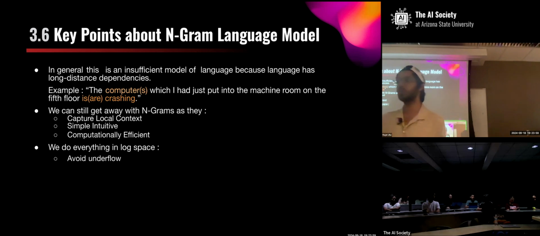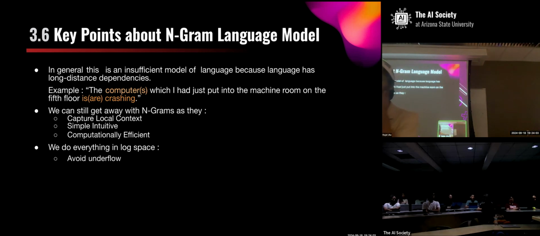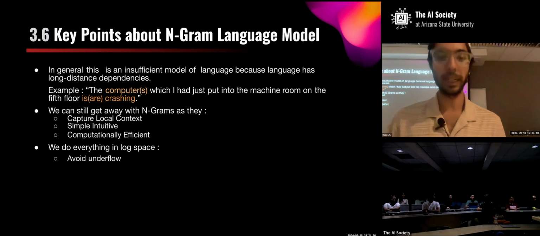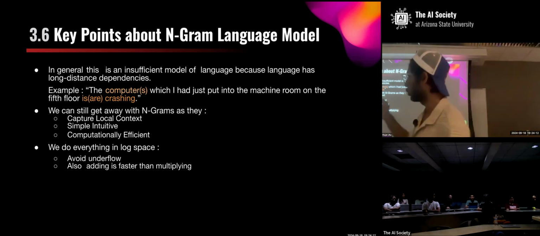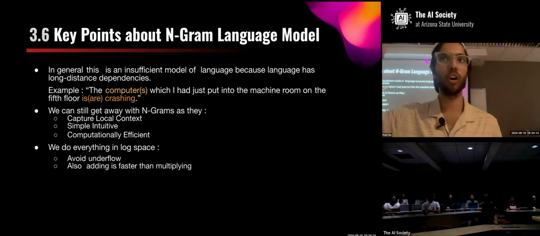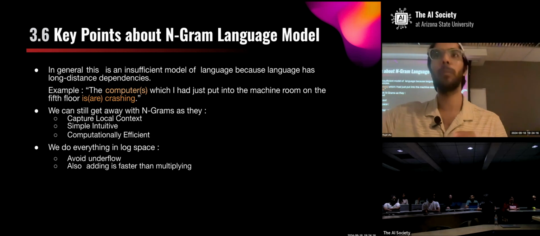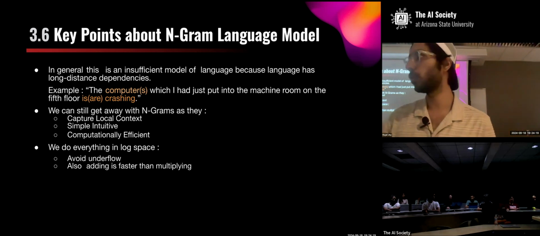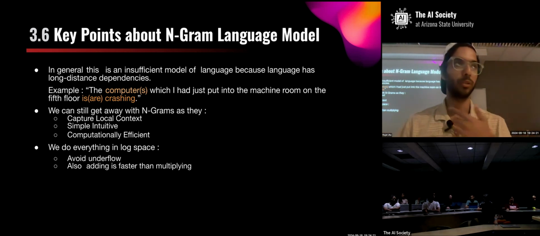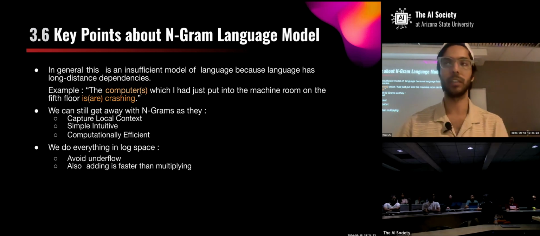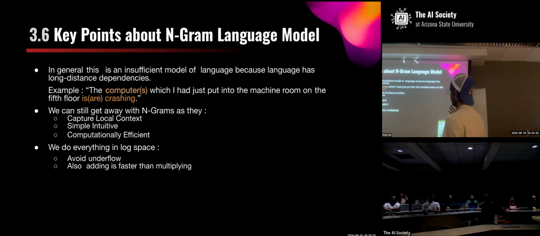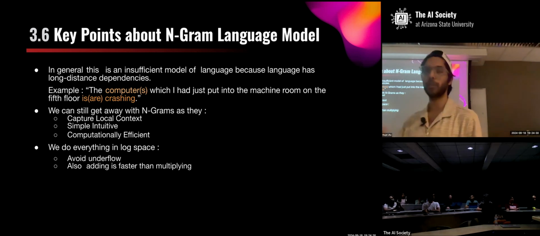If you multiply this value by another small value, the resultant value will be even smaller. To remove this problem, we convert it to log, so that the computation becomes easier. If you take the log of a times b, it is log a plus log b. It changes to addition, so it is faster than multiplication. So in any real case scenario, wherever the n-gram model is used, we convert the probabilities to log of p instead of just p.